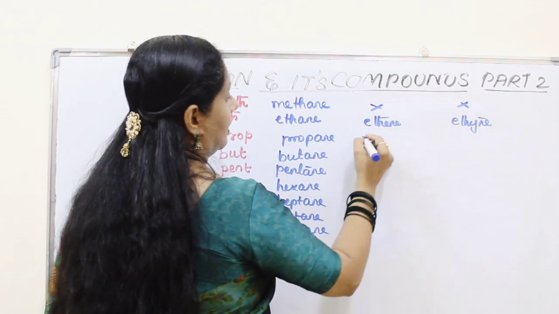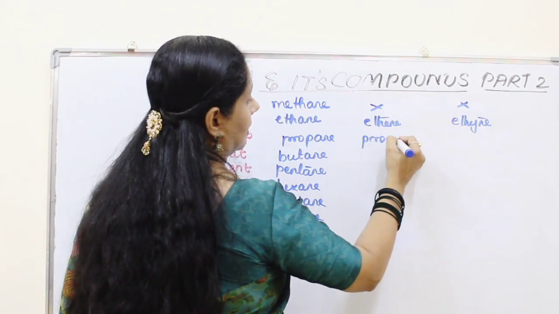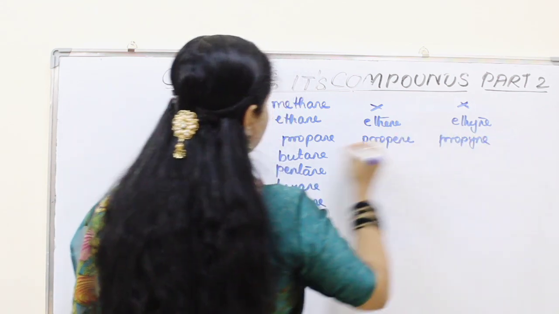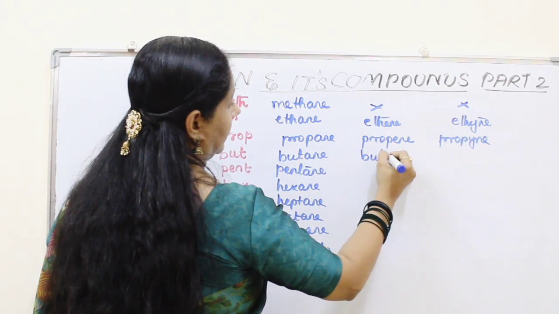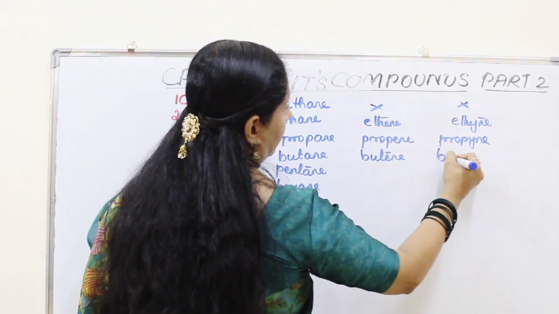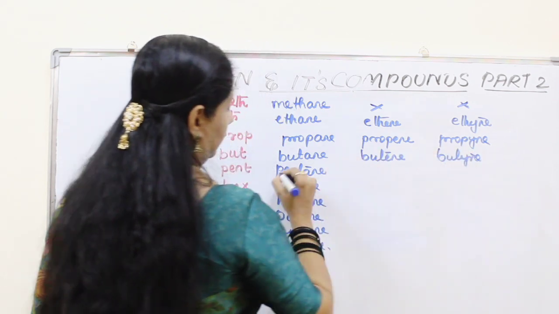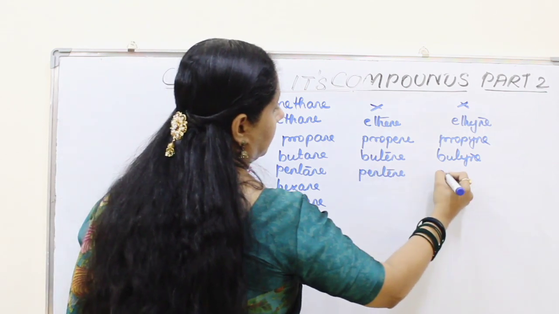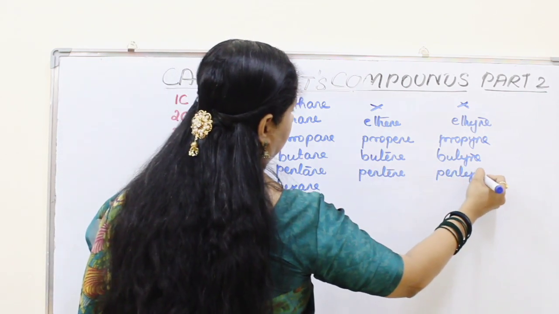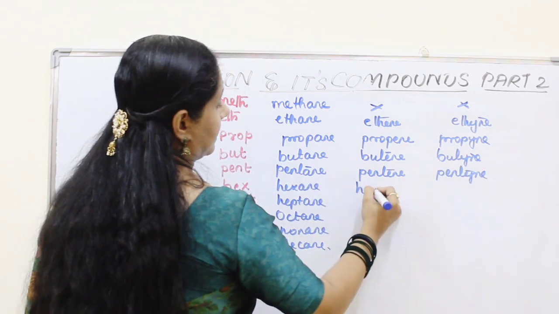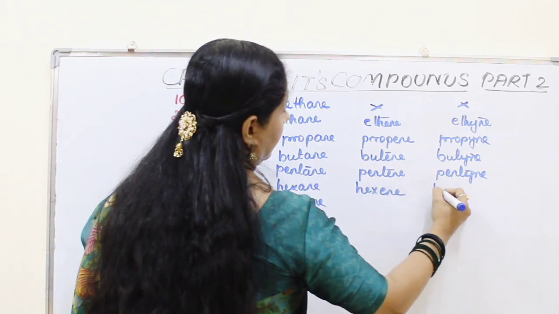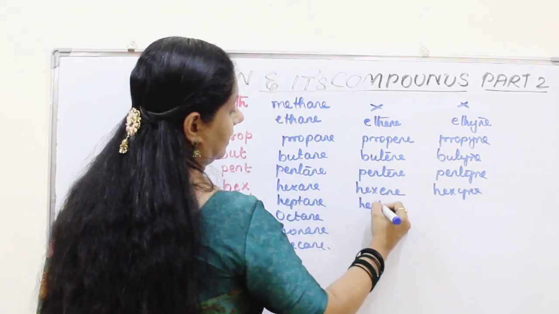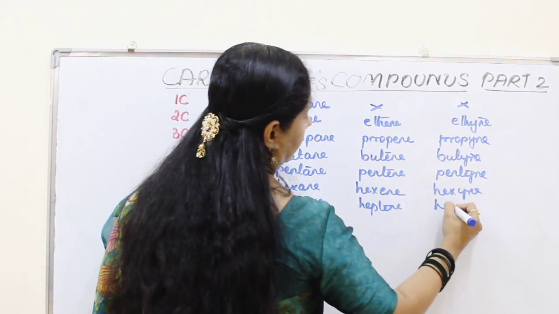Okay, propane will become propene and propyne. Butane becomes butene, butyne. Pentane becomes pentene and pentyne. Hexane becomes hexene, hexyne. Next is heptene, heptyne.